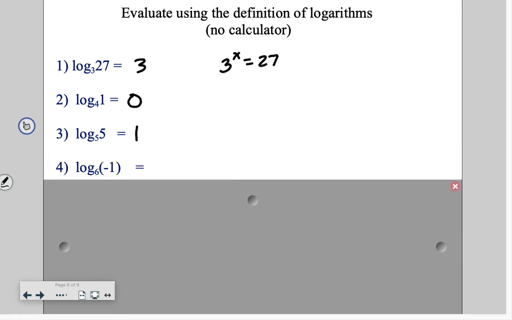Actually, I've got 2 left. How about this one? Log base 6 of negative 1. This one's a tricky one. What do we think? 6 to what power gives you negative 1?